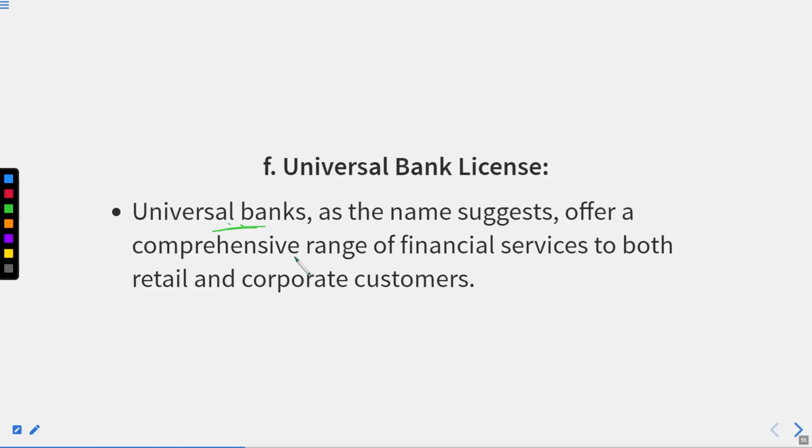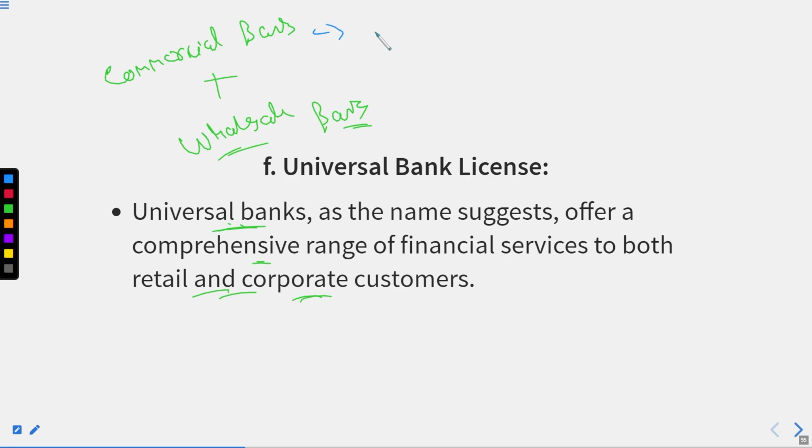Universal banks, as the name suggests, offer a comprehensive range of financial services to both retail and corporate customers. It means that they are the mixture of commercial banks plus wholesale banks. All right. Like the commercial banks basically deal with individual people or retail banking.